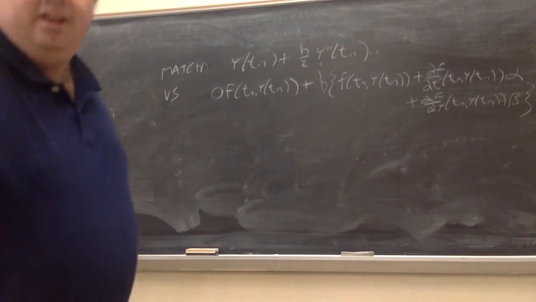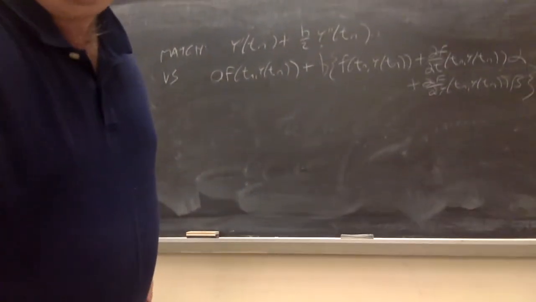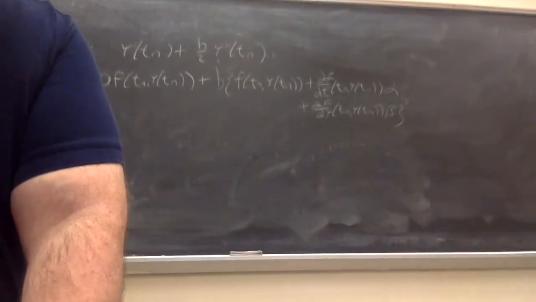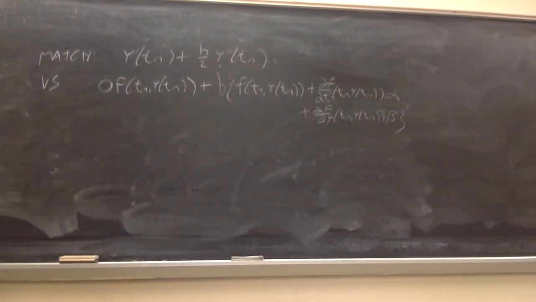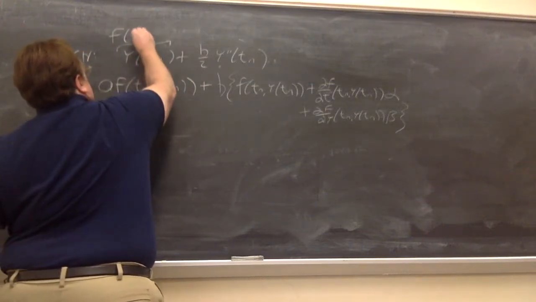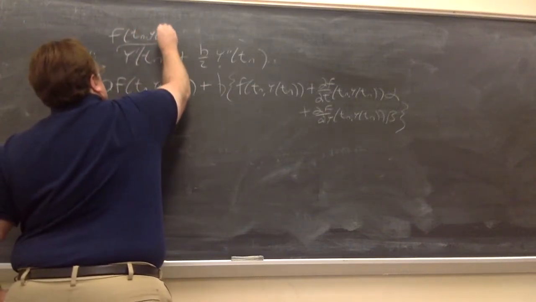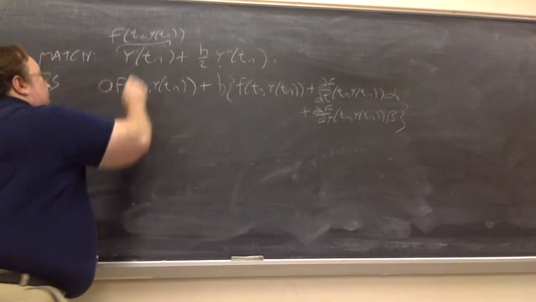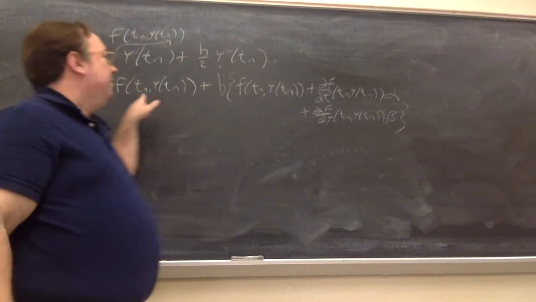Now, at first it seems like what I have above and below look nothing alike. But that's easily fixed. Because y prime equals f of t, y. So this is f of Tn, y of Tn. So you see how we have that down here also.